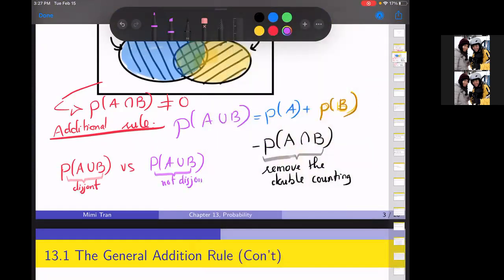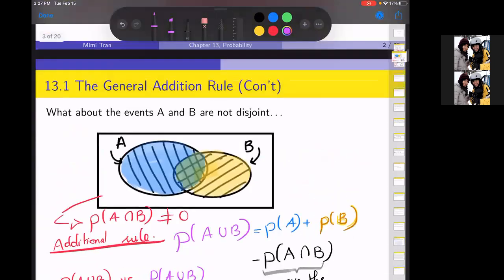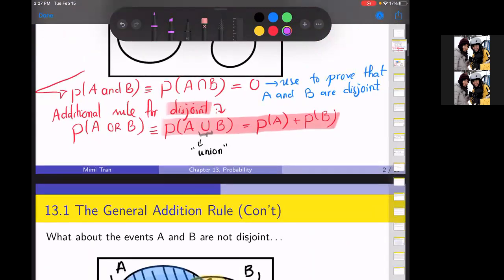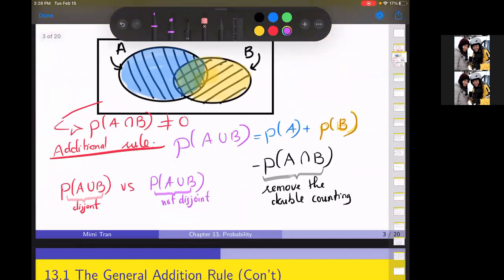What is the inequality? Go ahead and put it in the chat. I want to know. So the red one is P of A or B from the disjoint, and the purple one is P of A or B from the not disjoint one. What inequality would you put? This way or this way?